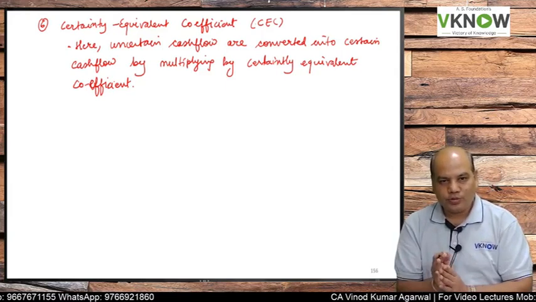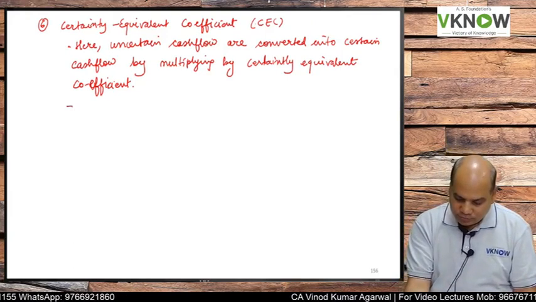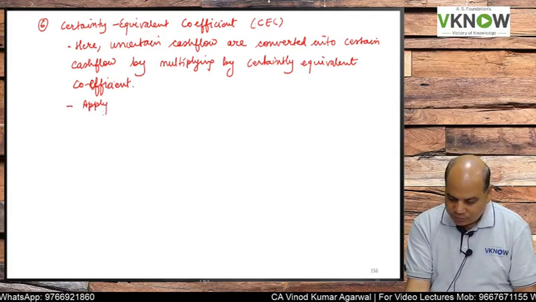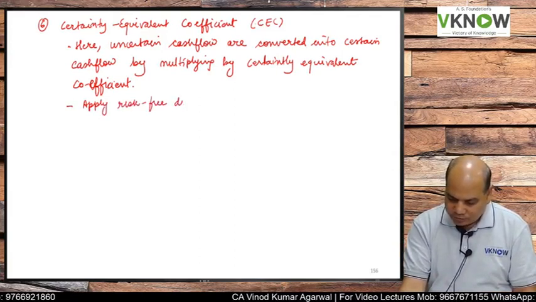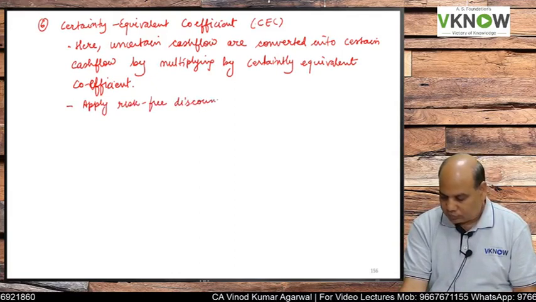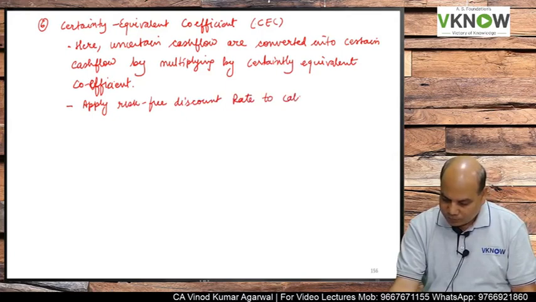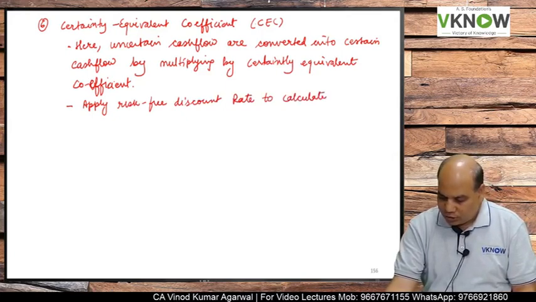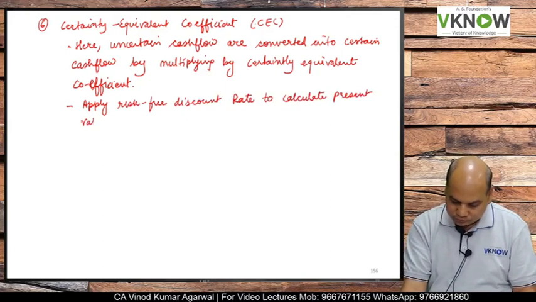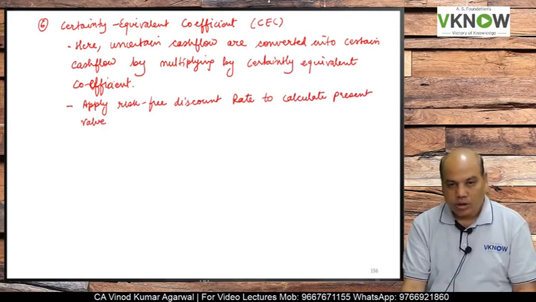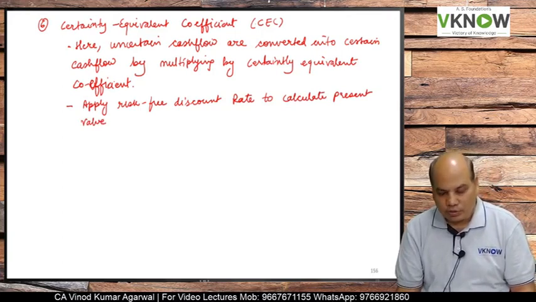You convert it into a risk-free cash flow and then apply the risk-free discount rate to calculate present value.